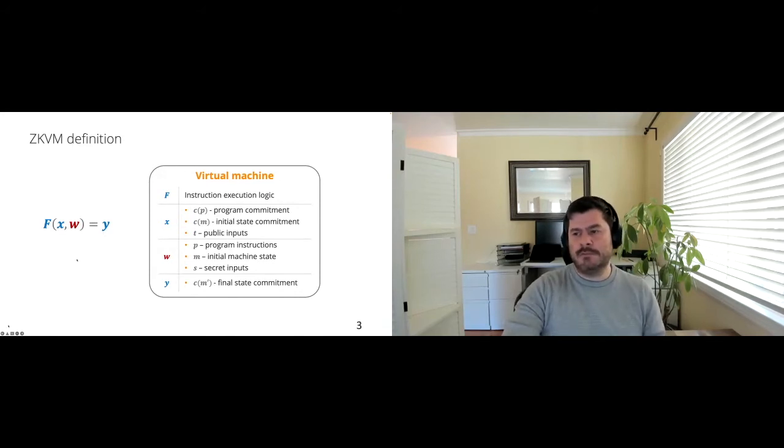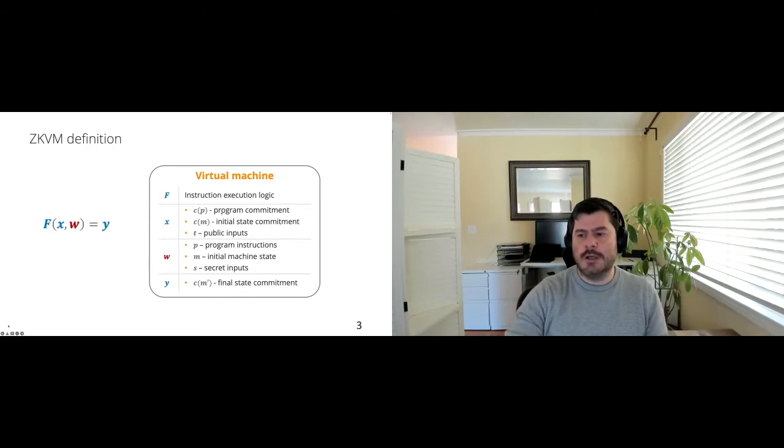In the context of a zero-knowledge virtual machine, this function is actually the instruction execution logic of the virtual machine. So basically something that executes instructions. Public inputs, at least in this definition, could be a commitment to the program. So it's not the program itself, but a commitment to the program. It's a commitment to the initial state of the virtual machine, and also a set of public inputs that go into computations.